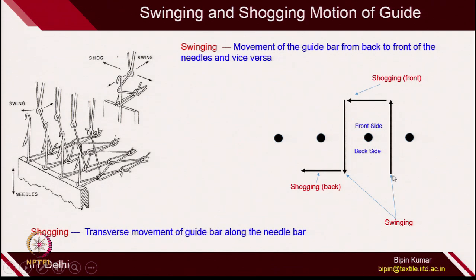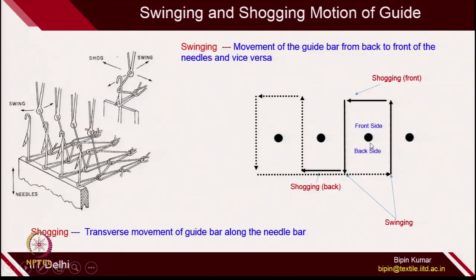The same guide which was standing here after formation of first course is now starting from this point in the second course, and it is providing yarn to this particular needle. Again swinging, shogging on the front side, then swinging and then shogging on the back side. After completing the second course, the guide bar reaches its original position and then the whole process is repeated.